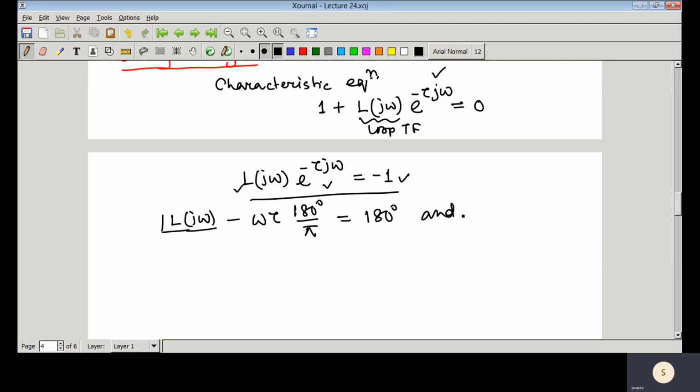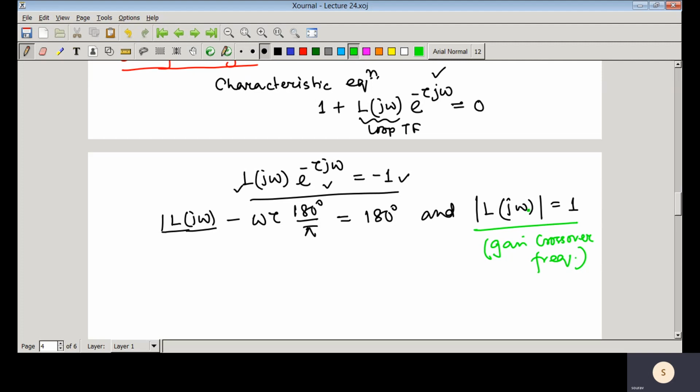And what is that gain relation? If you take the mod of this one, it would be mod of L j omega equal to 1. Now one interesting thing we can observe here is that this is the frequency where the magnitude is equal to 1. So this omega is nothing but the gain crossover frequency, because this is the frequency where the gain is equal to 1.